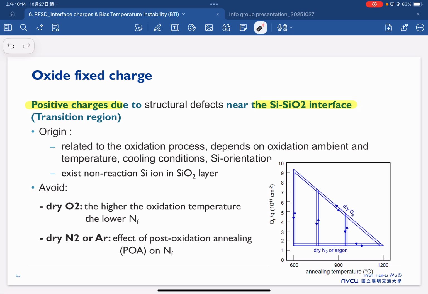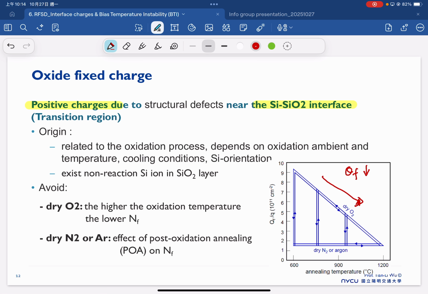But one of the typical cases can be seen in this figure. This is a figure of the oxide charge versus annealing temperature. In this experiment, they show that by using dry oxidation and increasing the temperature, we can reduce the fixed charge here.